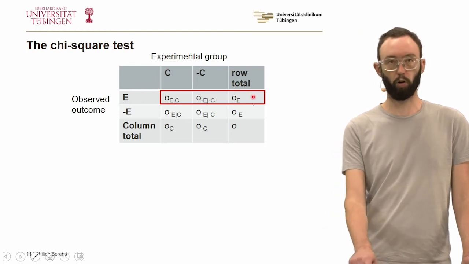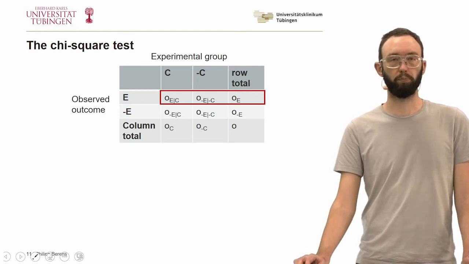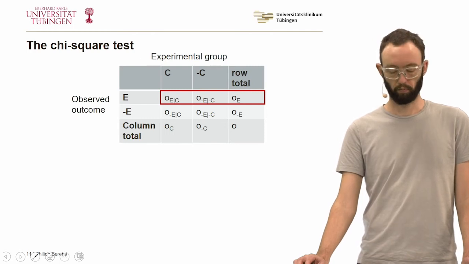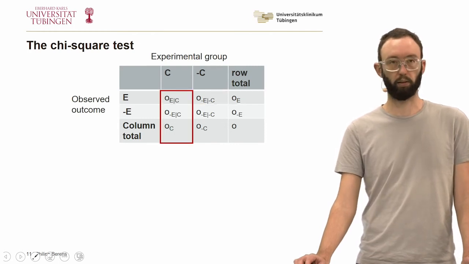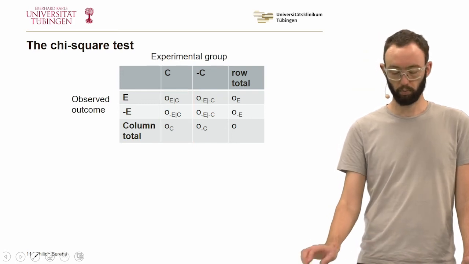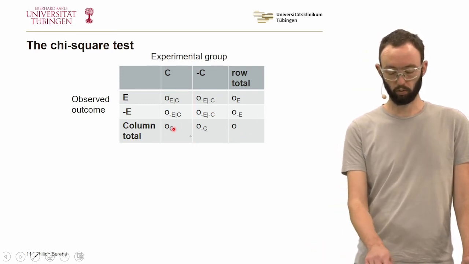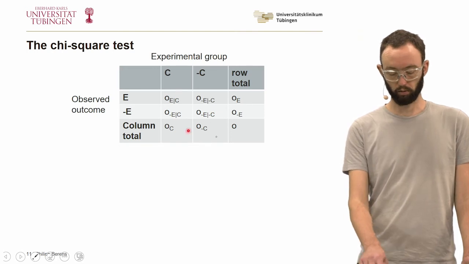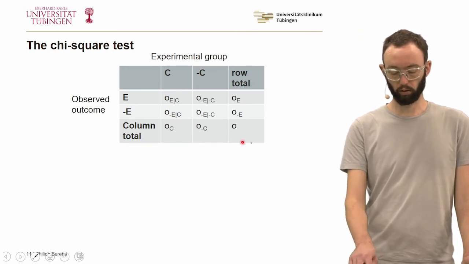So sum across these rows and get the row total. And here again, illustrated the column totals. And if we sum all the values together, we get the entire total.